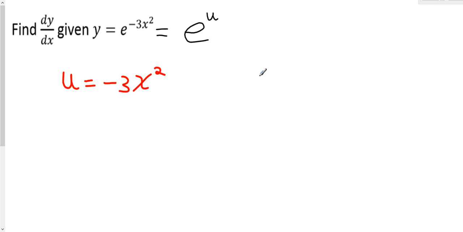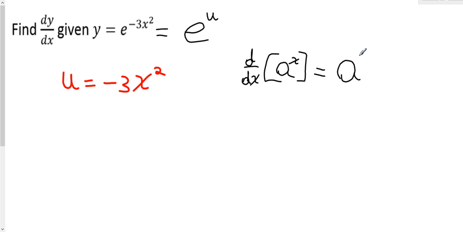All right? Now, the simple exponential rule says that the derivative with respect to x of a to the power of x is equal to a to the power of x multiplied by the natural log of a.